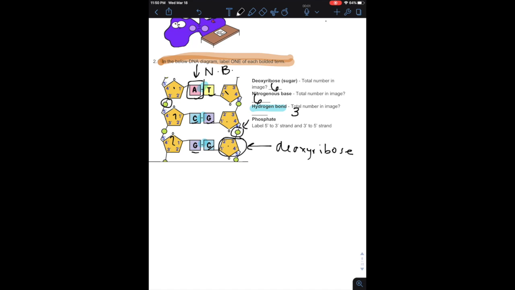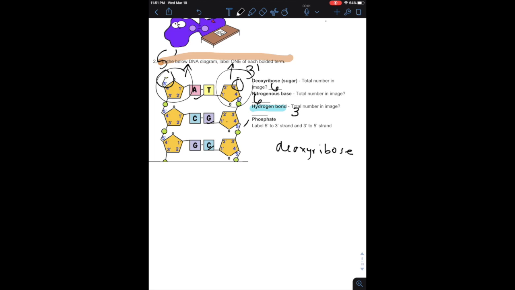Label 5' to 3' strand and the 3' to 5' strand. You look at the carbons at the top of each strand, this one and this one. It is the carbon that is facing towards the outside, or quote unquote hanging off the DNA. This one would be 5'.